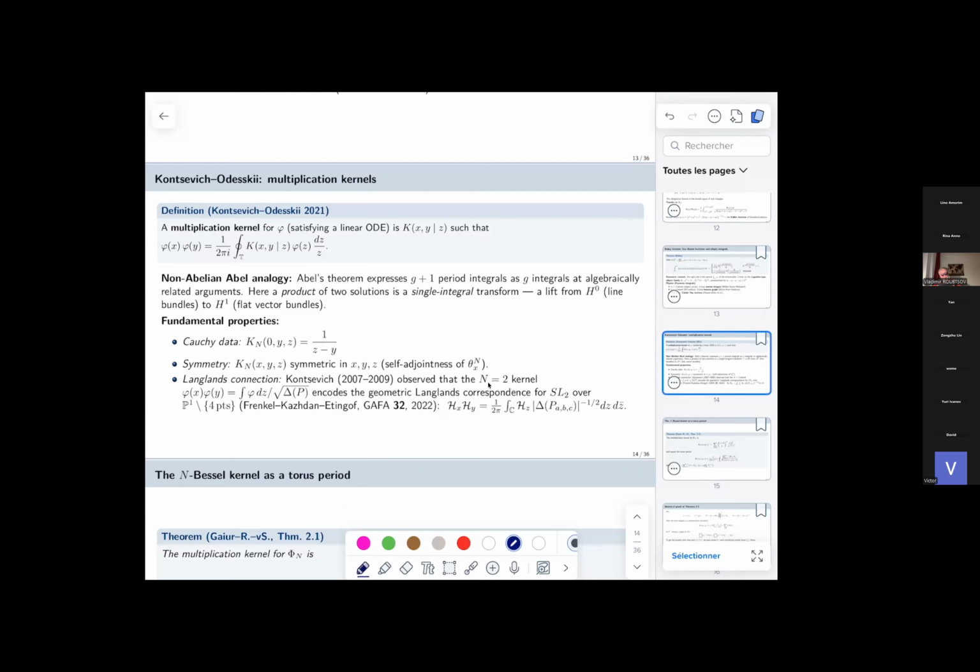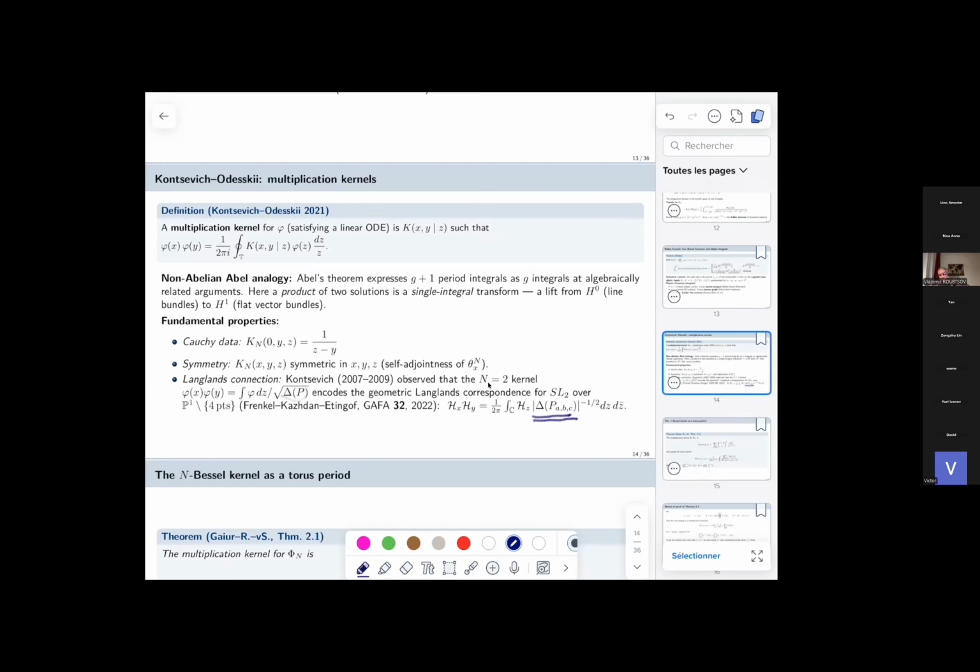Being monic, the t cubed is eliminated, and you have a quadratic equation with respect to t, and the discriminant of this quadratic equation gives you exactly the kernel like we had before, which entered in the computation of Hecke operators. And over C, exactly the same answer was obtained by Frenkel, Kazhdan, and Etingof when they wrote the product of Hecke operators.